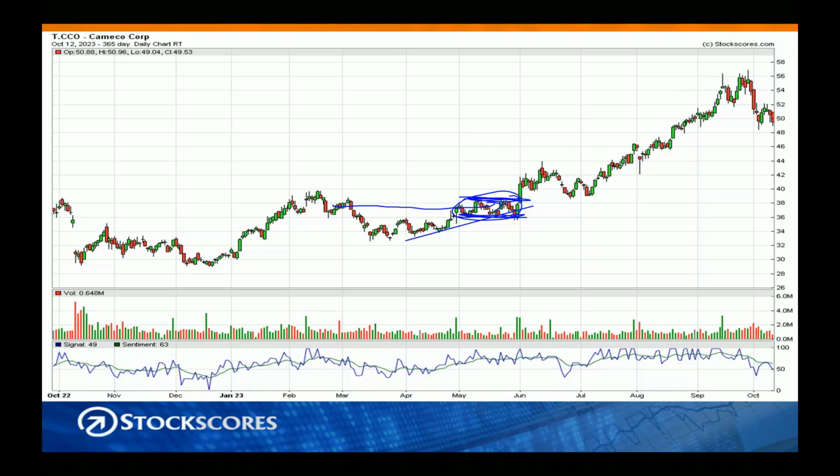Now, investors were optimistic because we had rising bottoms, but there was a ceiling price here going back many months that the stock had not been through. The stock had not traded above $40 at any point leading into this breakout at the start of June. Now, we call that a breakout because it breaks through that ceiling price, that resistance level between $38 and $40.